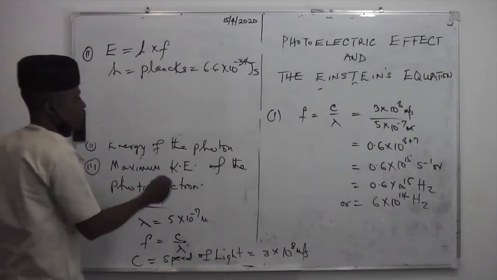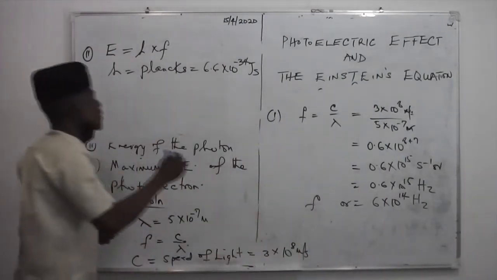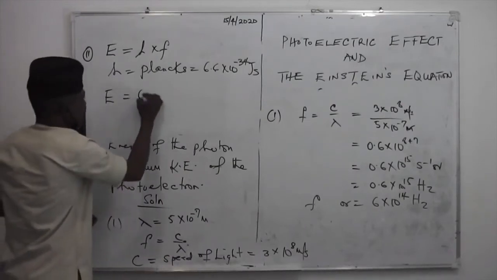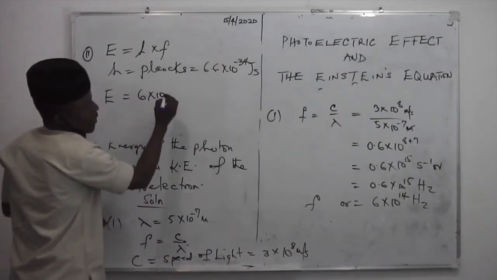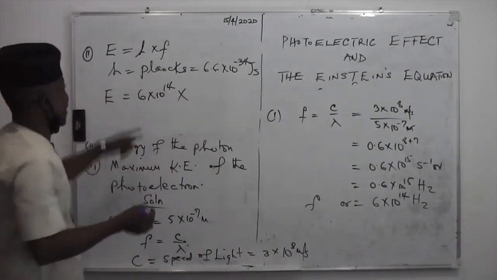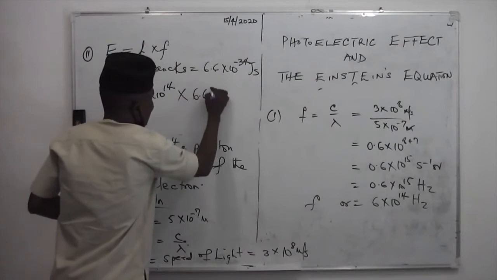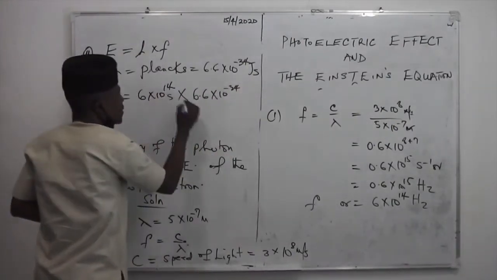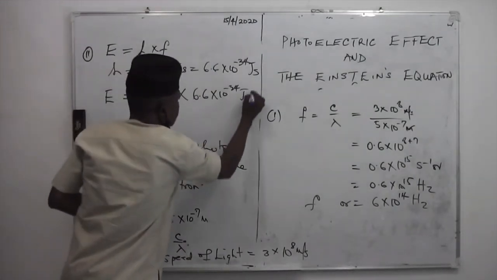Since we have found the frequency already, the energy of the photon is 6 times 10 raised to 14 multiplied by the constant 6.6 times 10 raised to minus 34. This is per second, and this is joule seconds.